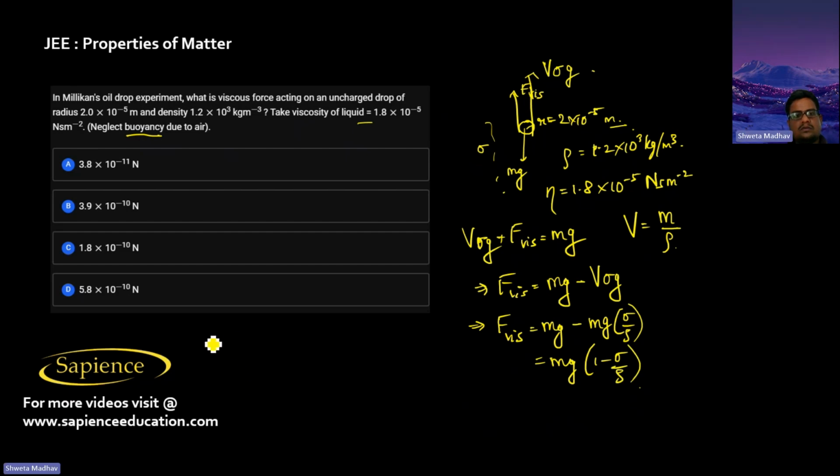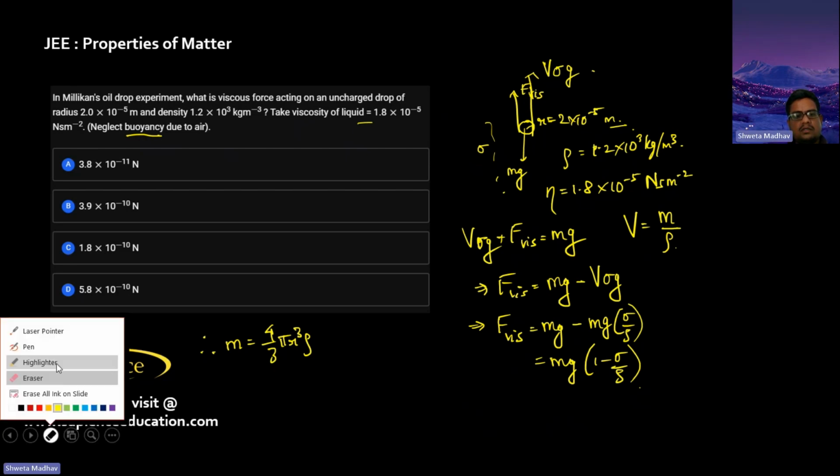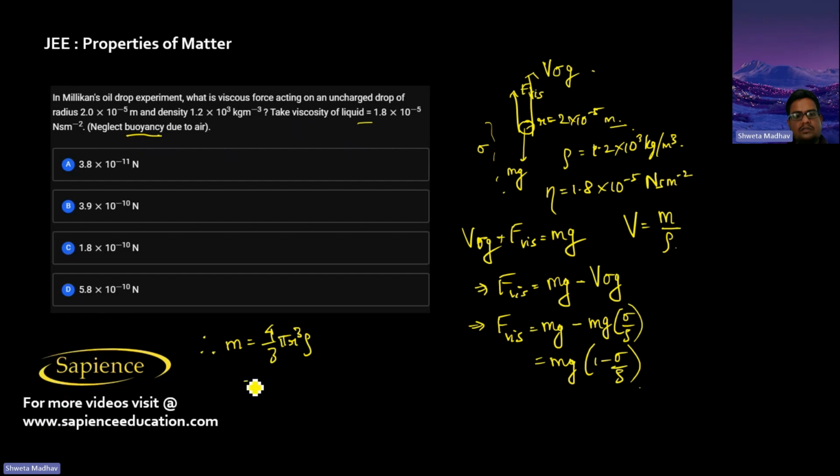Now the mass of the oil drop is equal to 4 by 3 pi r cube into rho. Since mass is volume into density, which is 4 by 3 into pi, 3.14, into r cube, that is (2 into 10 power minus 5) whole cube, into rho.